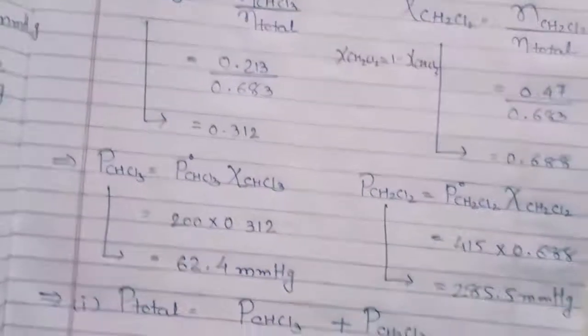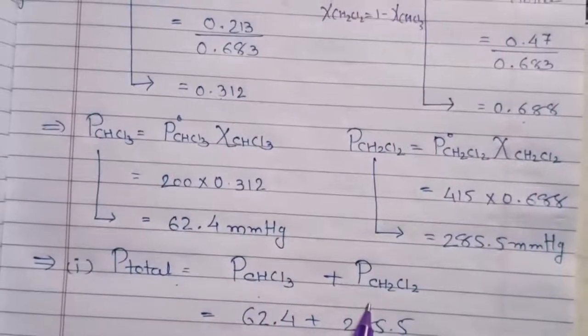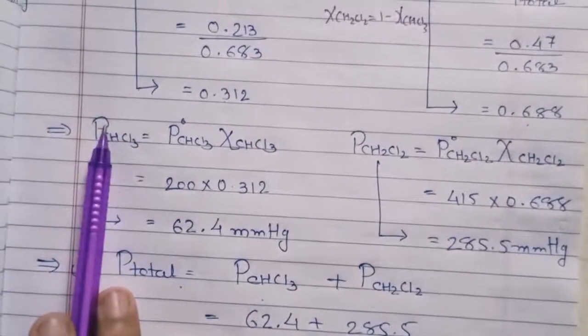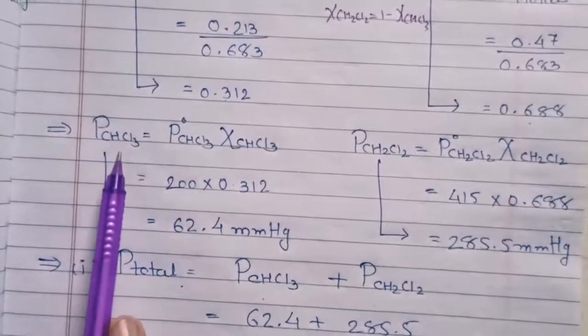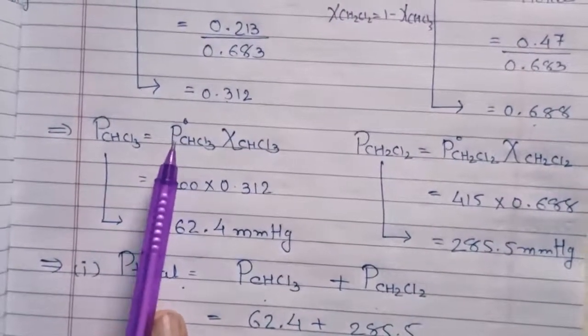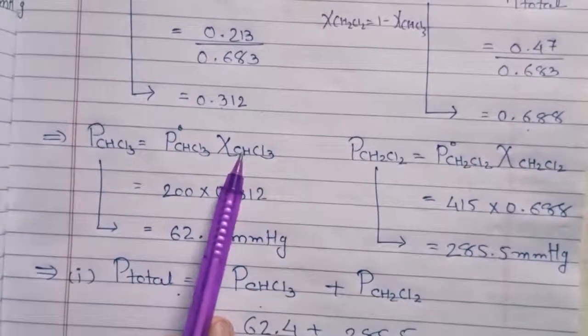Now for the P total, we require pressure of CHCl3 plus pressure of CH2Cl2, right? And pressure exerted by the CHCl3 equals pressure of chloroform in pure form into mole fraction of chloroform.